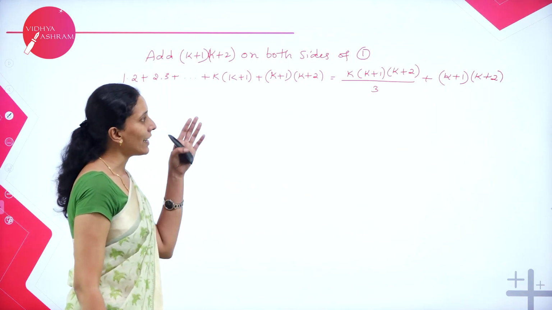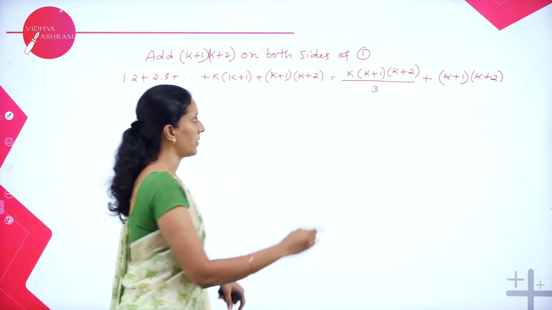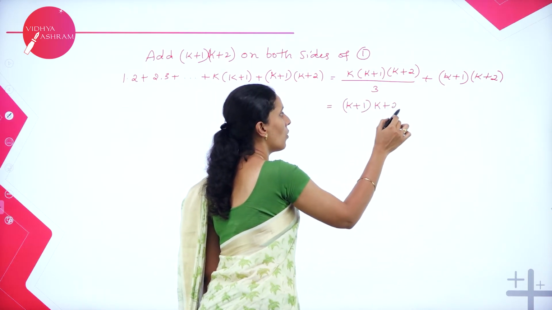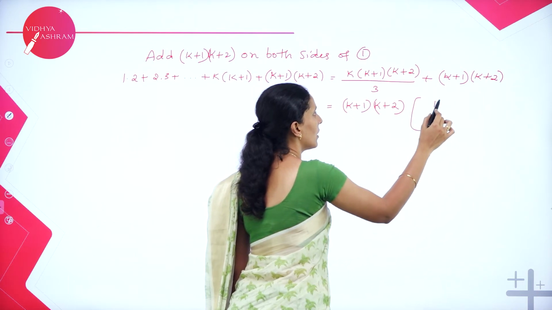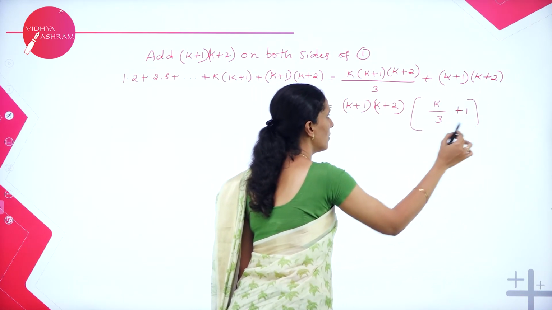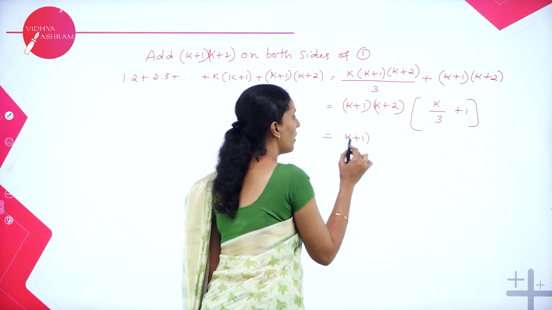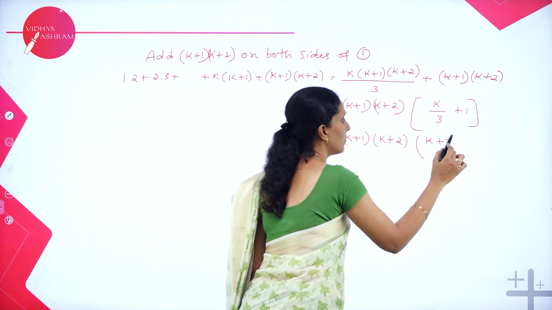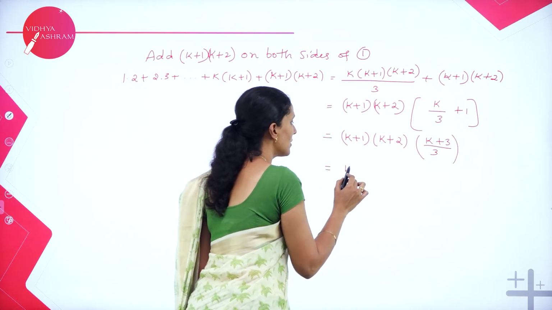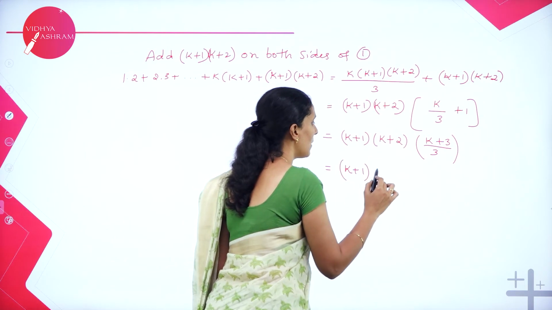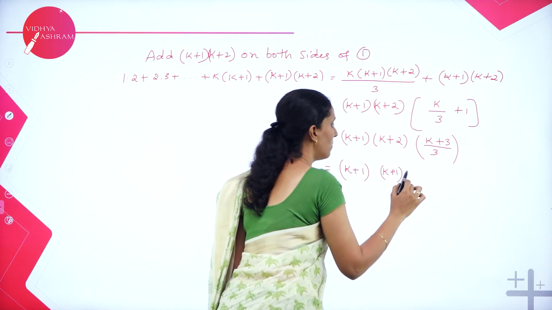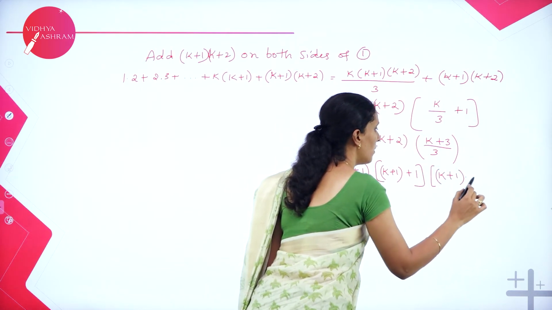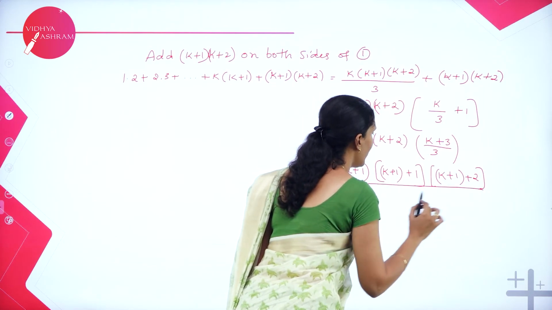Clearly you can take k plus 1 and k plus 2 outside. If you take (k+1)(k+2) outside, you will get k by 3 plus 1. So it is (k+1)(k+2)(k+3) divided by 3. I can write this as (k+1) times (k+1+1) times (k+1+2) divided by 3.